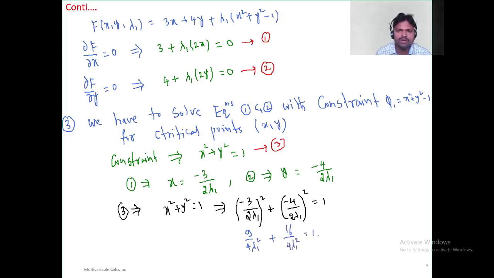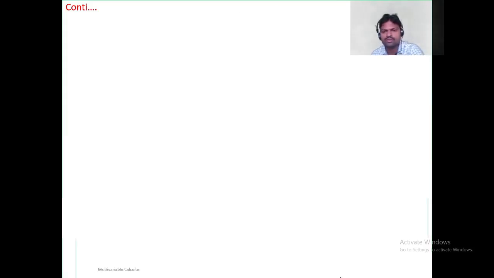So total, what is it? 25 by 4 lambda 1 square is equal to 1. So therefore clearly, lambda 1 square is 25 by 4. So lambda 1 square is 25 by 4.